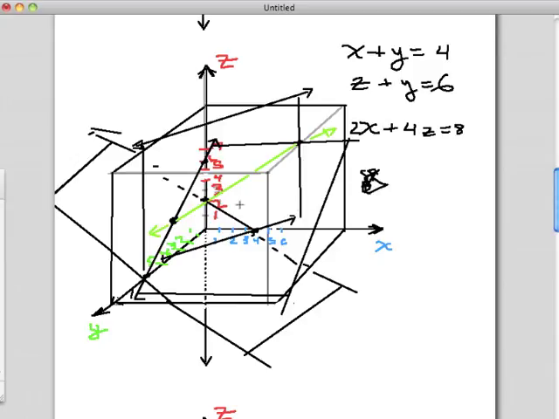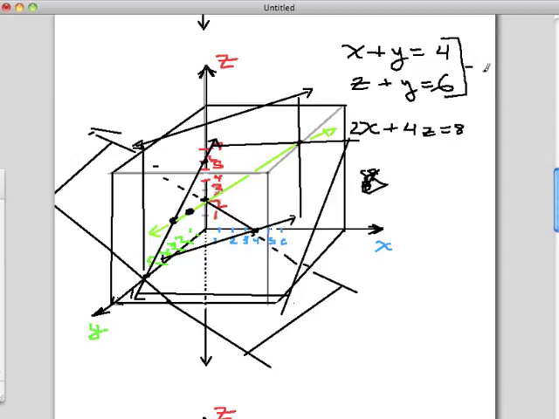Well, this plane is going to cut through this green line, right? This green line is going back and through right over here, and somewhere there's going to be an intersection, and that x, y, and z is going to be what satisfies all three of these equations. And how would we find that exactly?